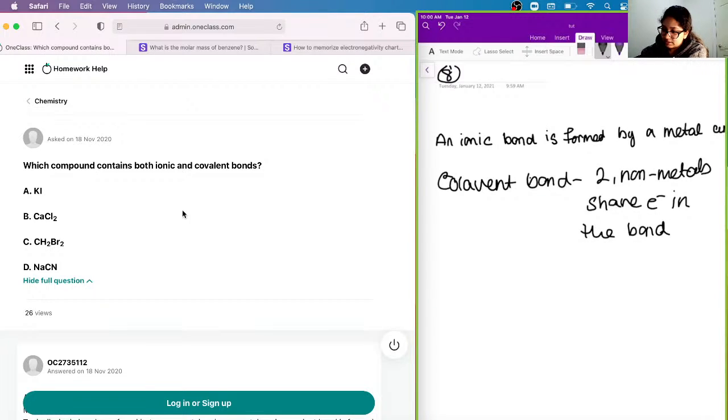So typically ionic bonds are found between a metal and non-metal, and covalent bonds are formed between two non-metals.